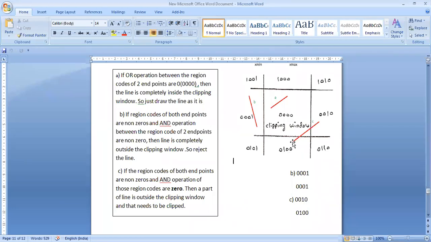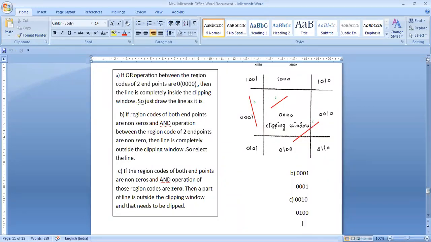The region codes of both the points are non-zero, and the AND operation of the region codes is 0. Come to the AND operation. This is 0, 0, 1, 0, and this is 0, 1, 0, 0. When you do the AND operation of this, it turns out to be 0. First bit, 0 and 0, AND is 0. Second bit, 1 and 0, AND is 0.